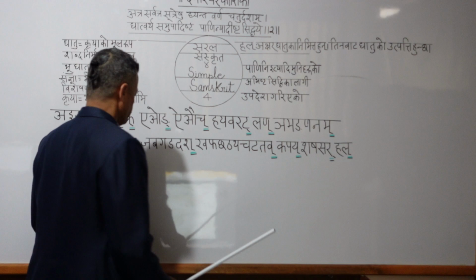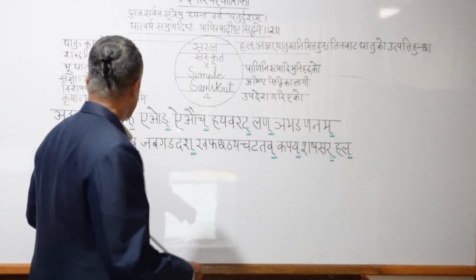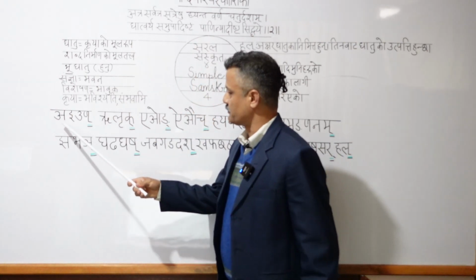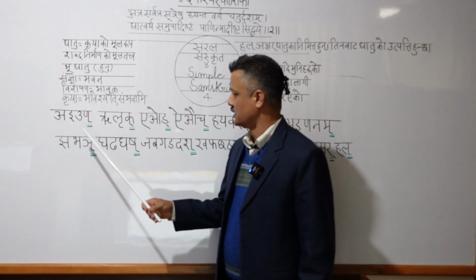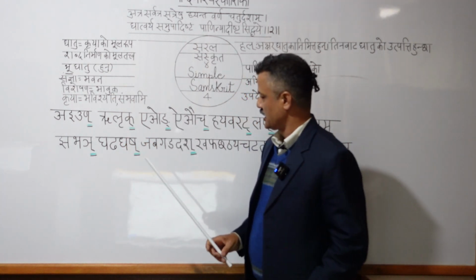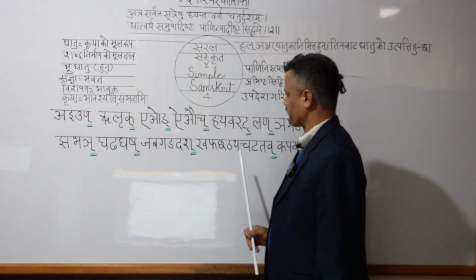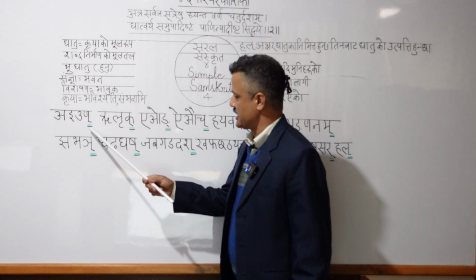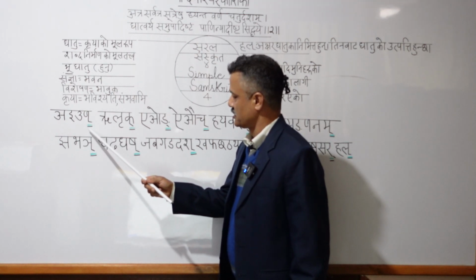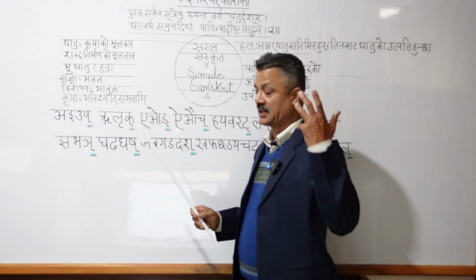Now the question comes, if you remember watching the previous videos, we counted these vowels and consonants and we derived 9 basic vowels from the ach pratyahara, and we derived 34 consonants from the hal pratyahara, and then we said that the purpose of these consonants at the end of each group is to form its sanjna.